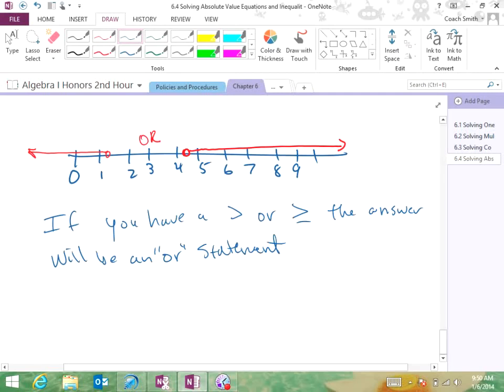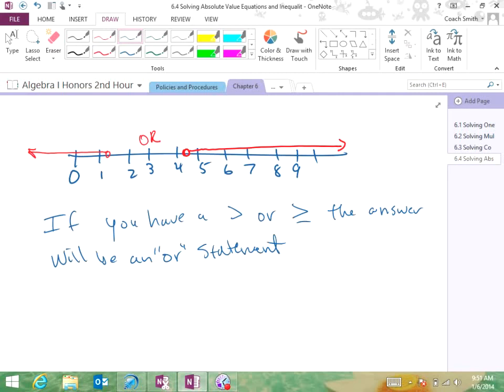It will be an OR statement if you use a greater than or a greater than or equal to sign in your original inequality. If it is a less than or less than or equal to sign in the original inequality, then it's going to be an and statement.